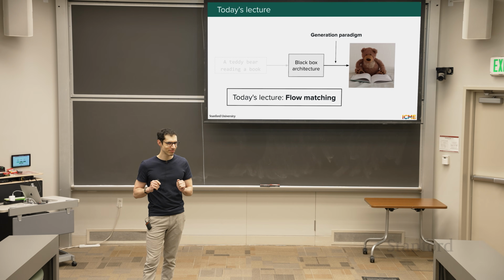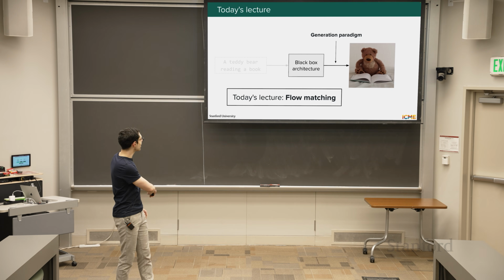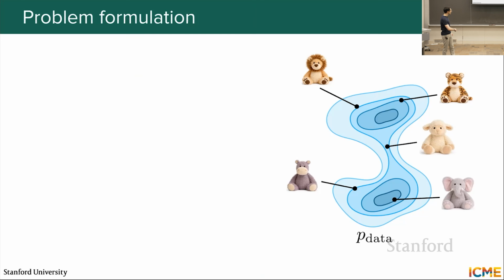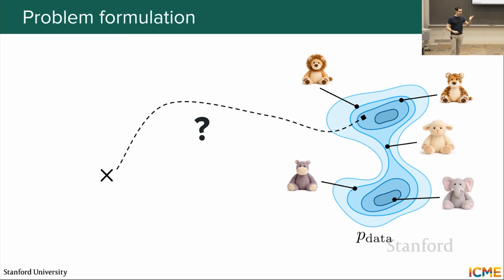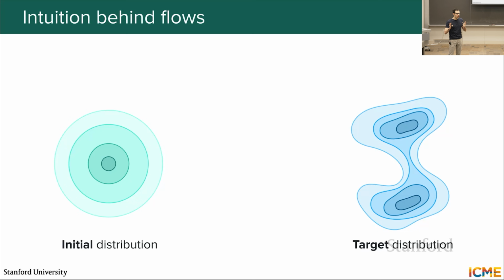Cool? OK, let's start. So the whole point of these first 3 lectures is to find a way to go from somewhere that is easy to sample from up until our data distribution of interest. So the way that flow matching works is it has 2 distributions.